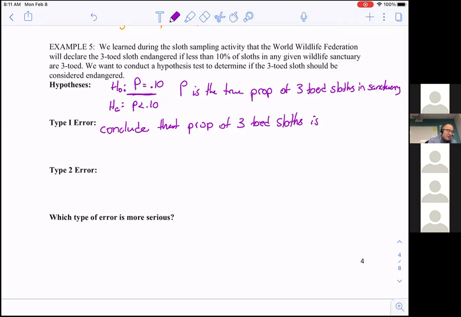If I reject that, that means I'm saying that it is less than 10%, when in reality it is greater.